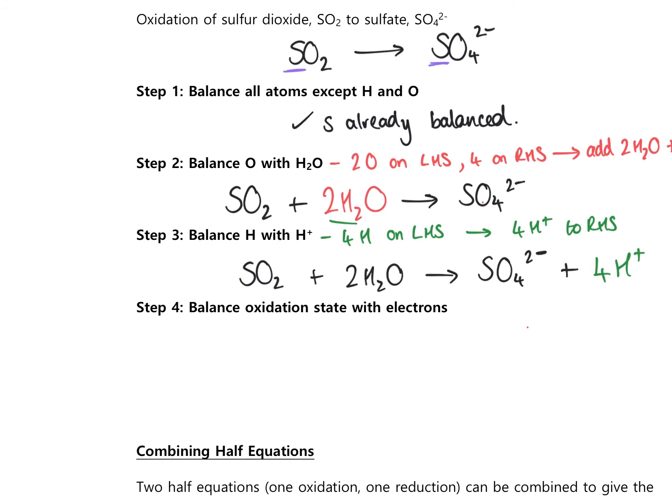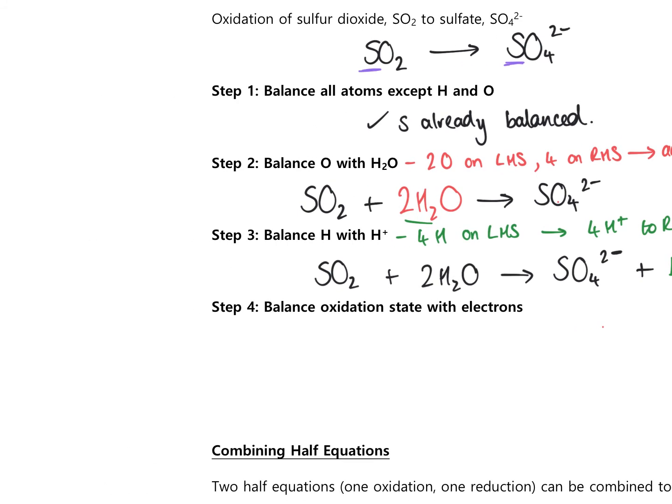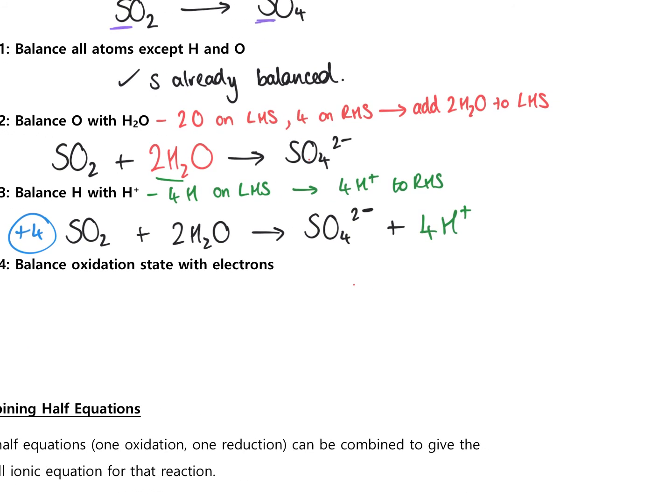So in SO2, if we write off to the side, SO2, S is X. Oxygen is minus 2 times 2, which is minus 4. So X minus 4 is equal to 0 because this is a neutral compound. So X is going to equal plus 4. So the oxidation state of sulfur on the left-hand side is plus 4. And then let's have a look at the right-hand side. So we have SO4 2- this time.